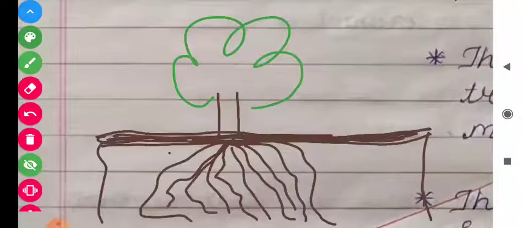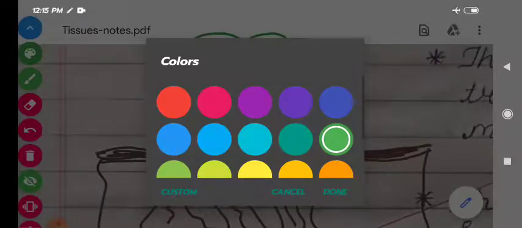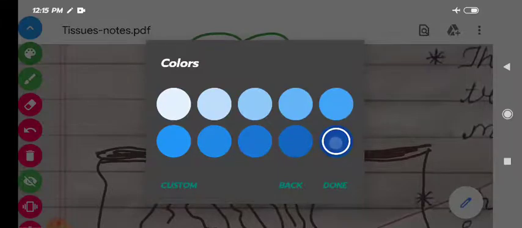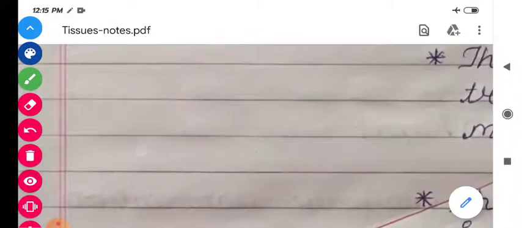Okay, students, that's it. So this is a basic diagram of the plants, and let us try to understand with the help of illustration.